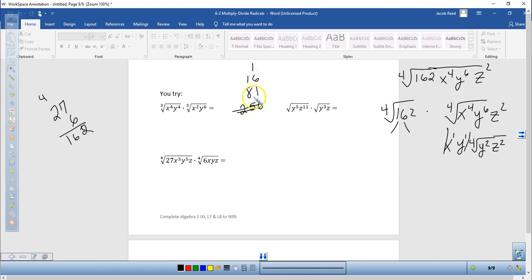Looking at these 3, looking at this number, 81 looks like the candidate. 81 times 2 is 162. And we know this is the number 3. So putting all this together, we've got 3, absolute value of xy, 4th root of 2y squared z squared.